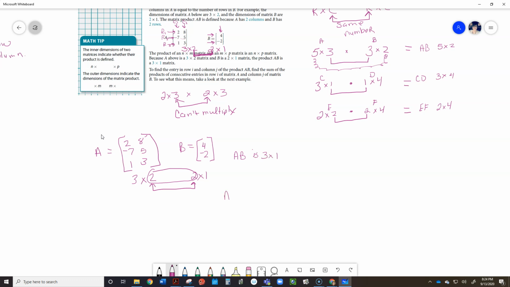So I'm going to draw the 3. Remember, this means it's going to have 3 rows, and it's only going to have 1 column. So my answer is just going to be 3 numbers.